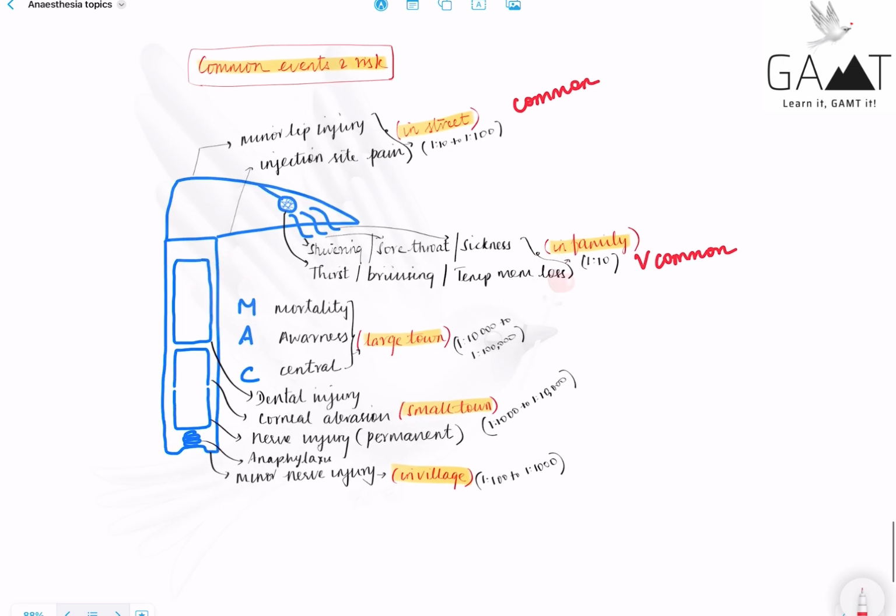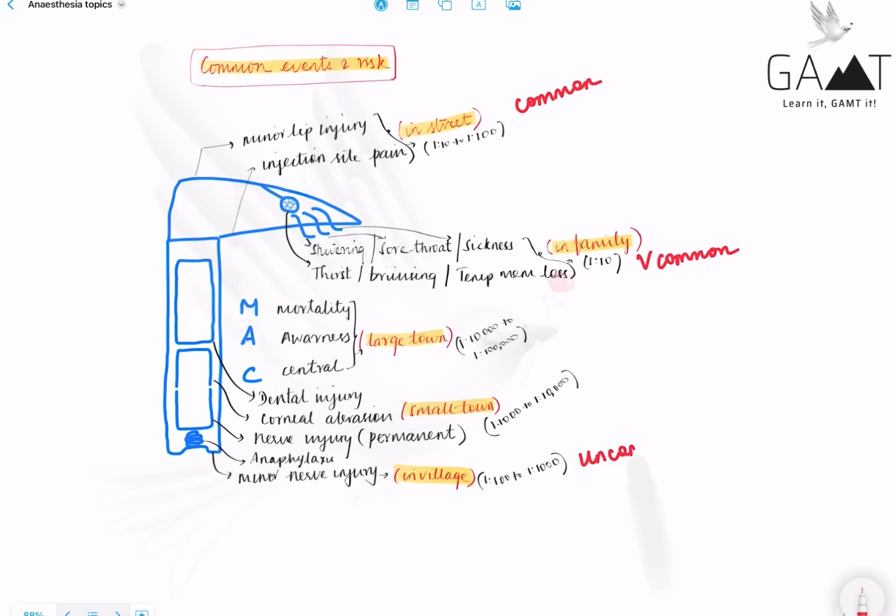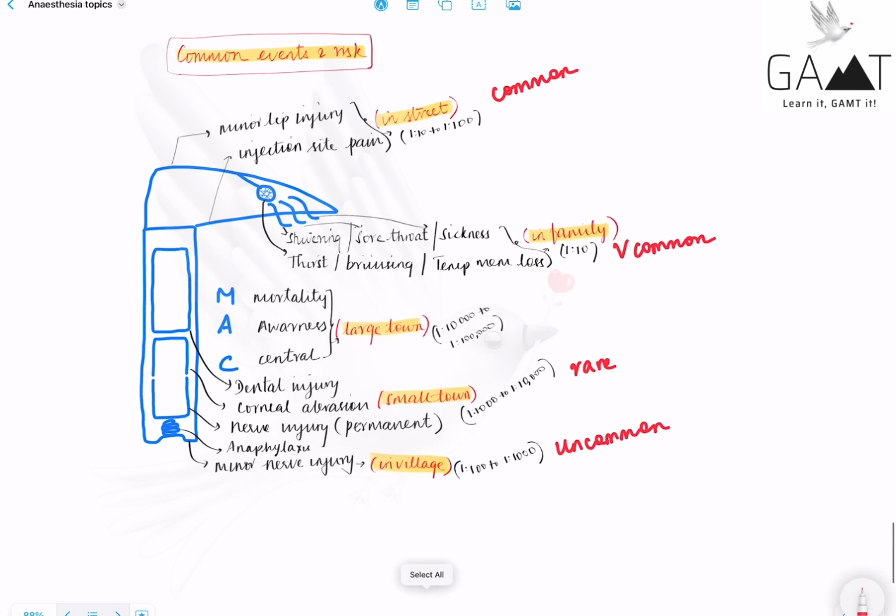And then you have uncommon side effects. It's equivalent of 1% of the village having the complication: minor nerve injury. And then you have rare complications, which include dental injury, corneal abrasion, nerve injury, and anaphylaxis. And then you have very rare, which includes mortality, awareness, and central vision loss.